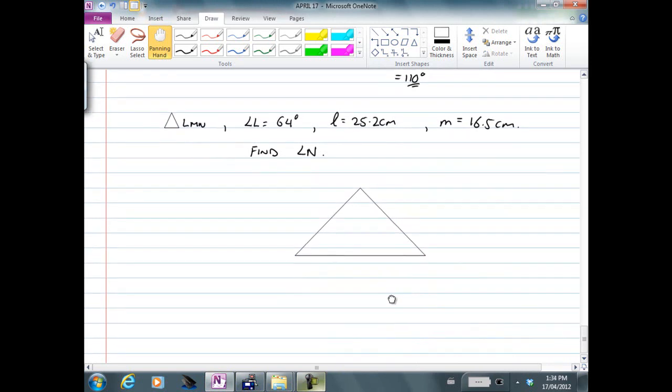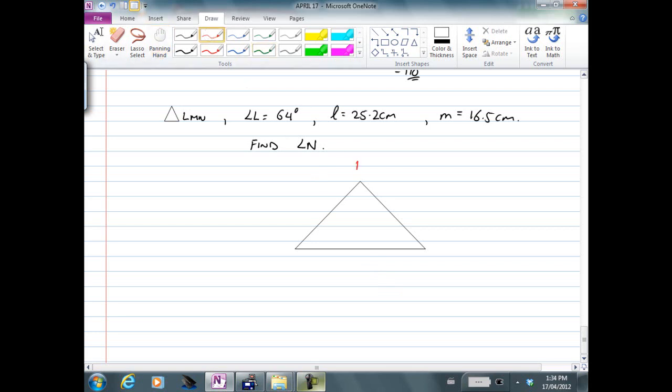I'm going to choose, say, this is big L, big M, big N. And I'm going to start labeling. 64 degrees is here. 25.2. See, notice I'm using opposites. Opposite of the angle, opposite side. M, 16.5. What they're really looking for is this angle right here.